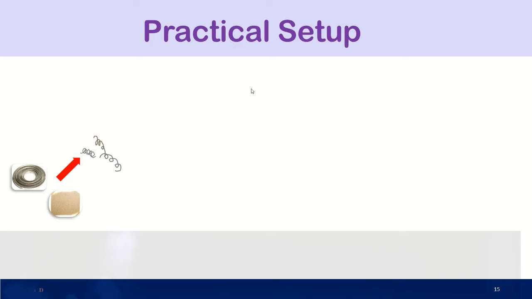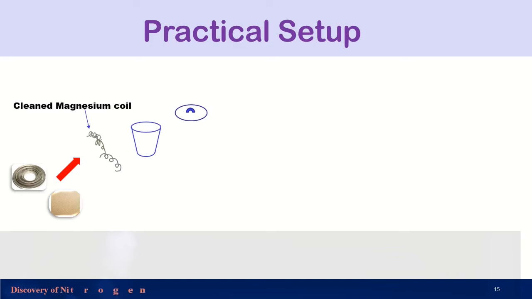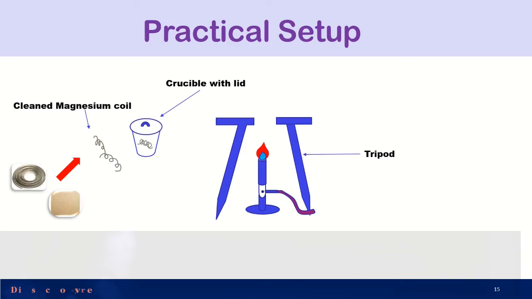Then place the magnesium pieces in the crucible, close it with the lid and heat the crucible for about half an hour.